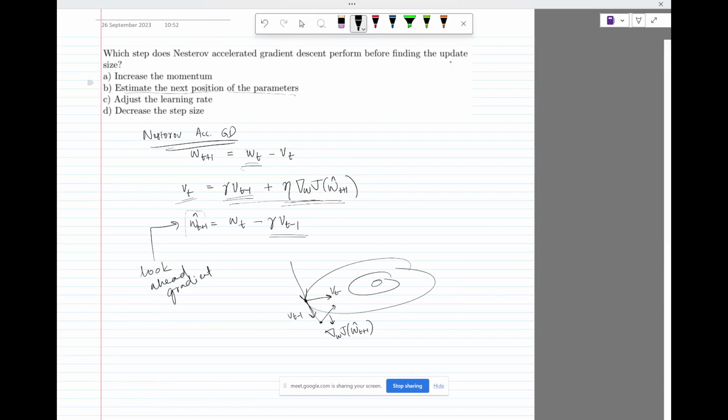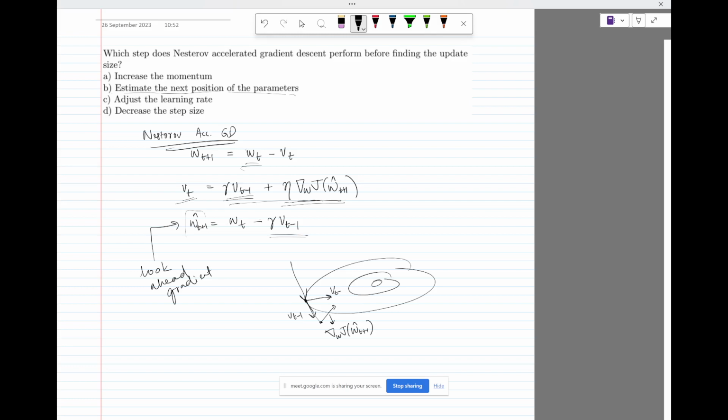So the step that you are doing before the update is not exactly increasing the momentum, and it is not adjusting the learning rate or decreasing the step size. It has nothing to do with eta.